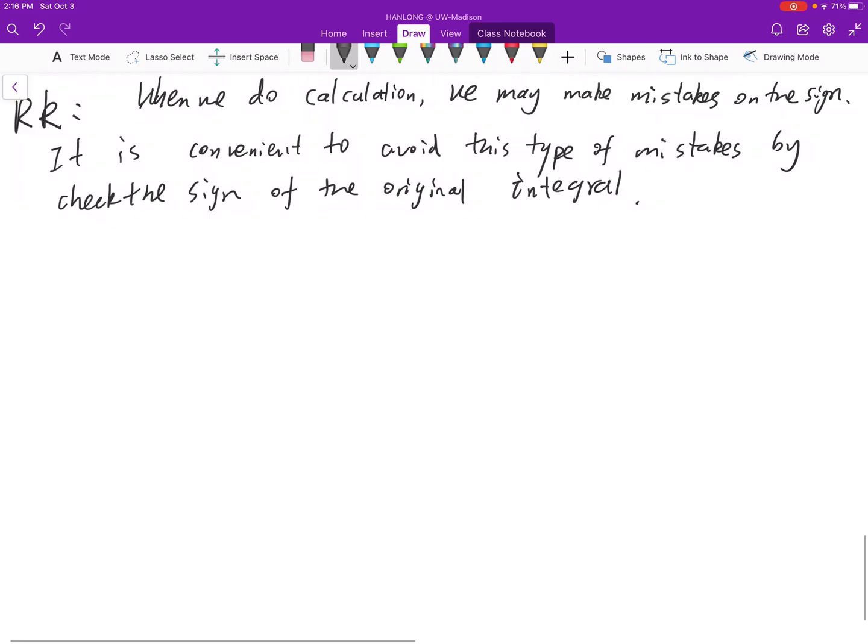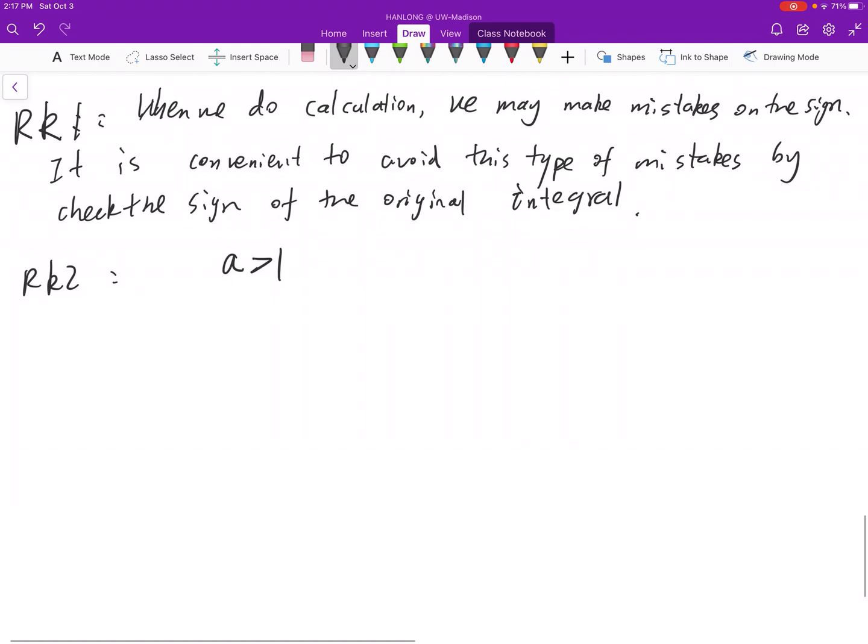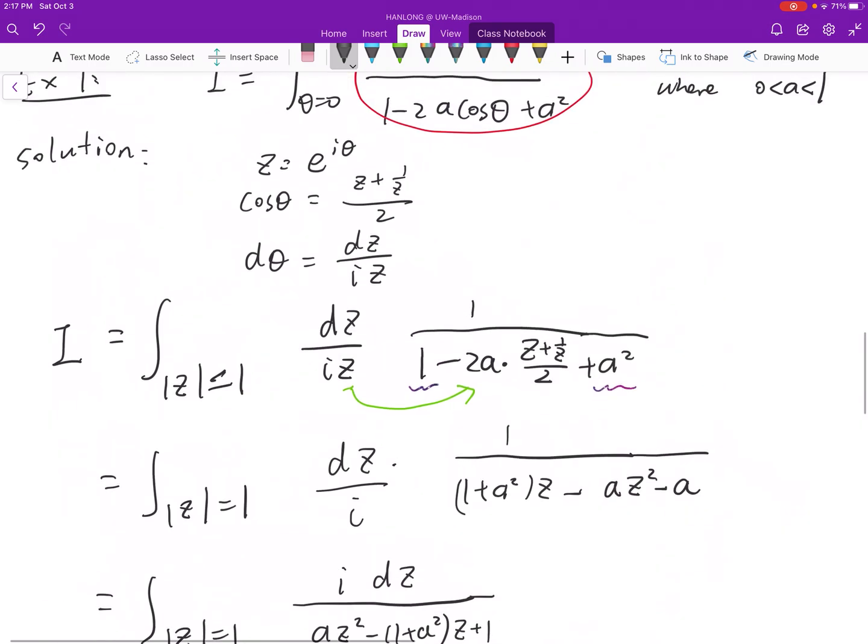Okay, and the second remark, it's a natural question why we restrict this to this type of thing. So, for example, if we let a be a positive number greater than 1, what is I, capital I?